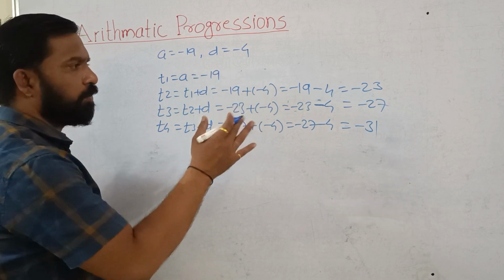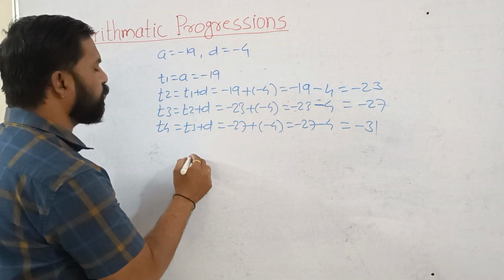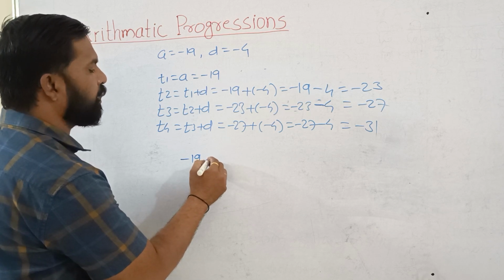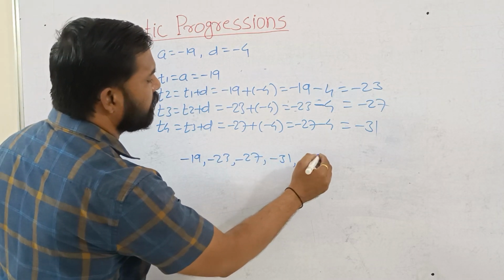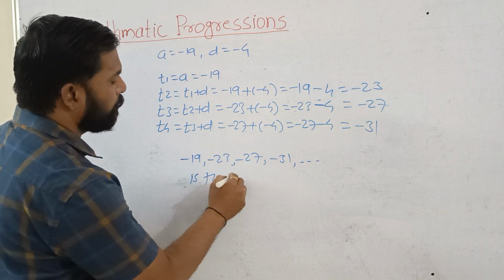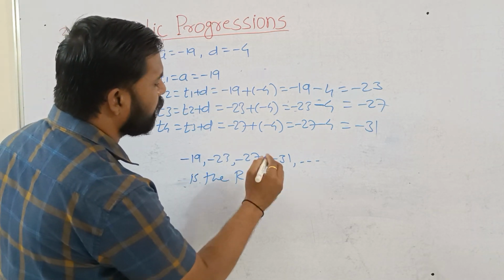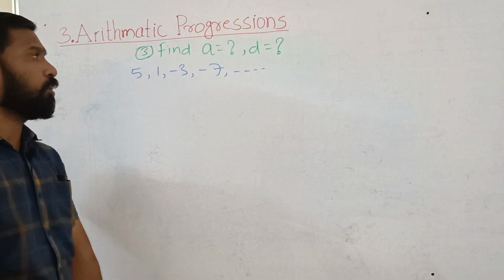In this way, we can find those required terms. The terms of the arithmetic progression are minus 19, minus 23, minus 27, minus 31, and so on, which is the required arithmetic progression.